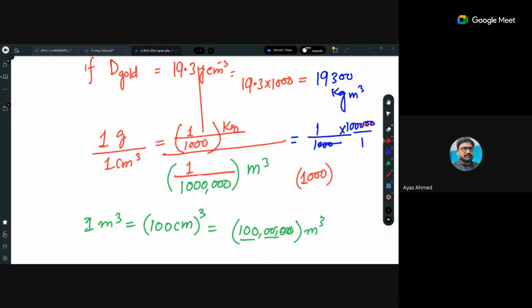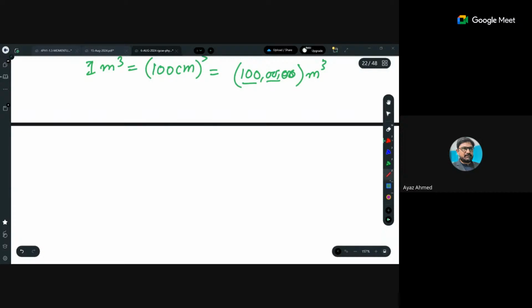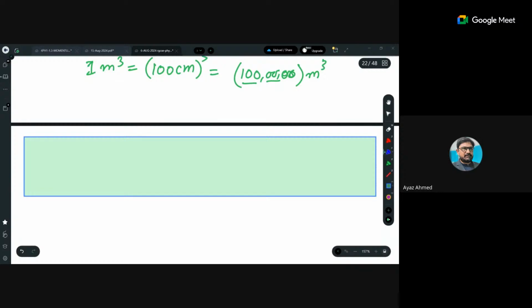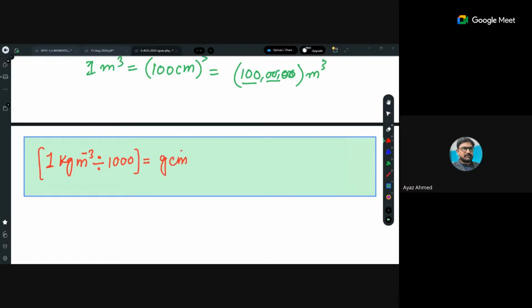So, instead of all this mess, you will just remember one rule. If I get a number in kg per cubic meter, usually it is not asked to convert, but you can go from kg per cubic meter to grams per cubic centimeter by dividing the number by 1000.